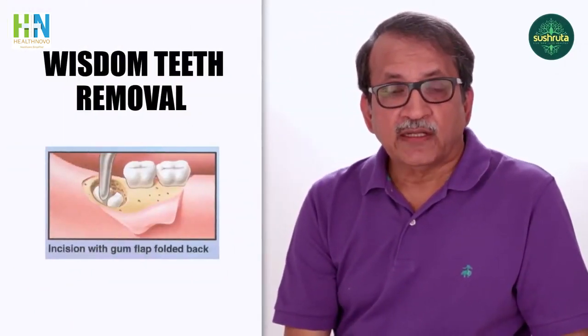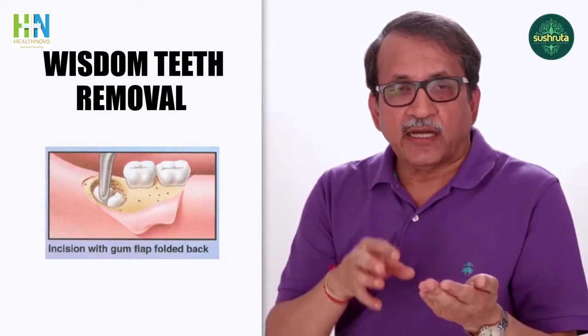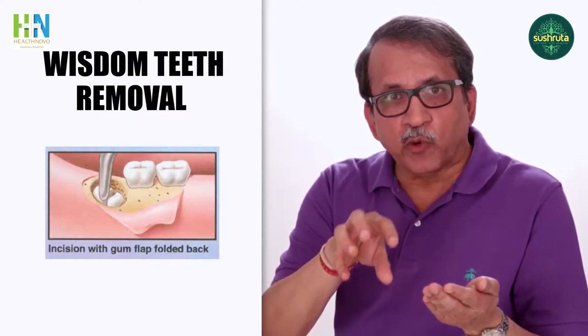If the tooth is angulated, then we do something called a minor surgical procedure. We take an incision because the tooth is inside the gums, and then reflect the gums. As you can see in this picture, the incision is taken, the gums are reflected, and we see the impacted molar inside the bone.